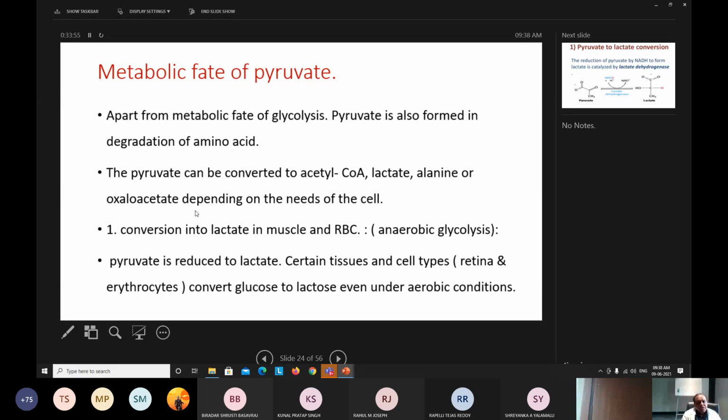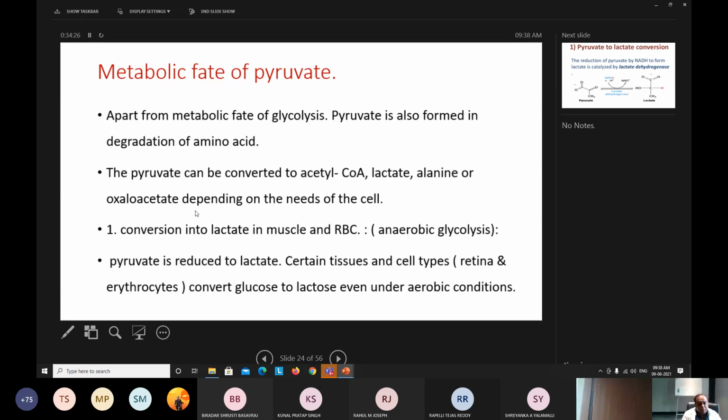The first one is the conversion into lactate in muscle and RBC. This conversion of pyruvate to lactate takes place in the absence of oxygen. So pyruvate will be reduced to lactate, and certain tissues and cell types, like the retina and erythrocytes, convert glucose into lactate even in aerobic conditions.